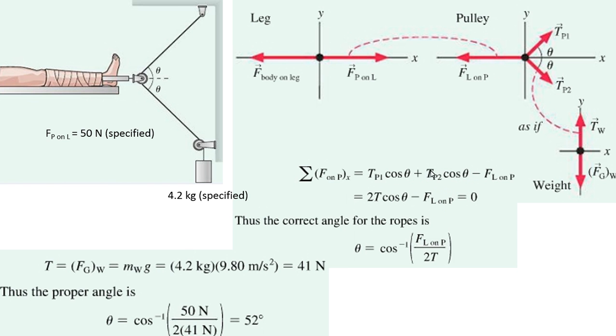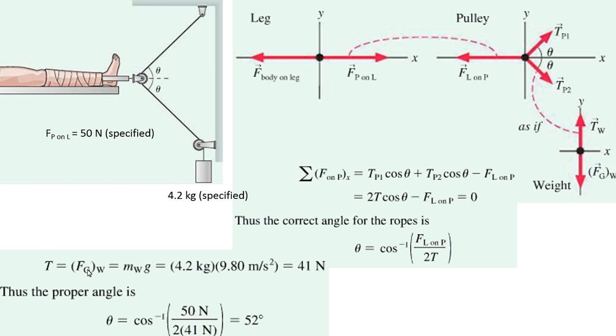Since these two tensions are the same, in fact, this tension is the same as that tension, we can simplify this to 2T cosine theta minus F of L on P is equal to 0. And then solve this for cosine theta, and then take the inverse cosine of both sides to conclude that theta is equal to cos minus 1 of F of L on P divided by 2T.